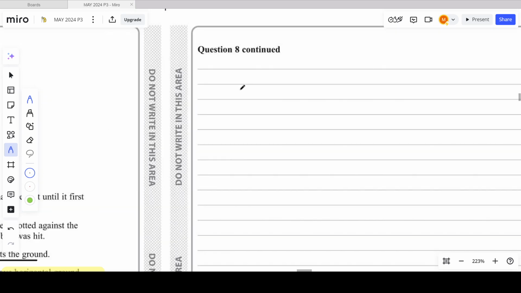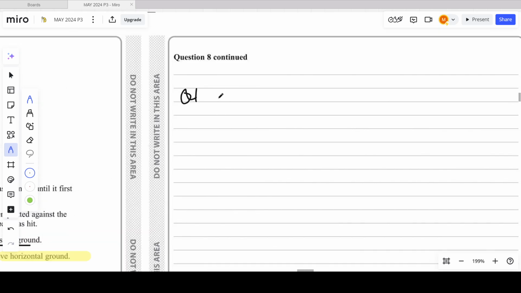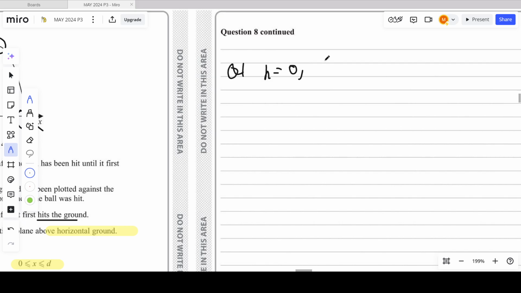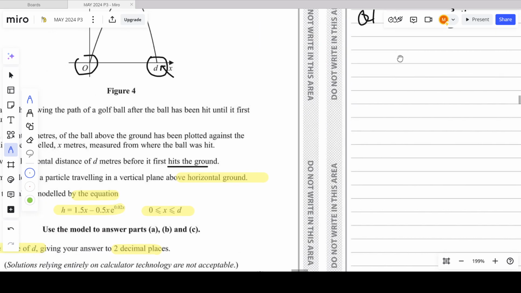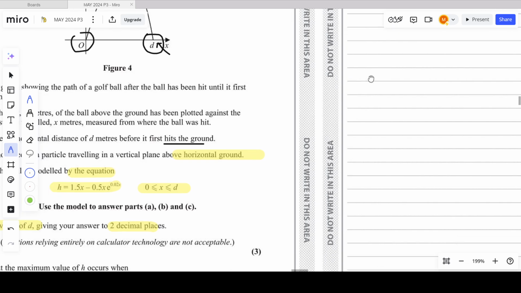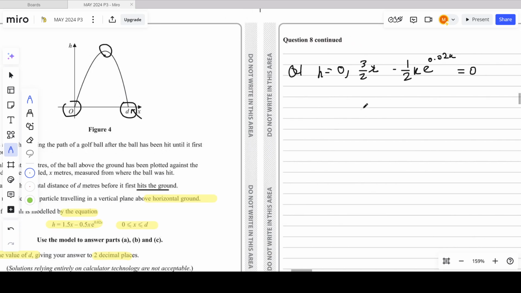That means we will equate h equals 0 and then solve for x. So for part A we will consider h equals 0, and then we will solve this equation: 1.5x, which is 3 over 2 x, minus half of x e to the power 0.02x equals 0.